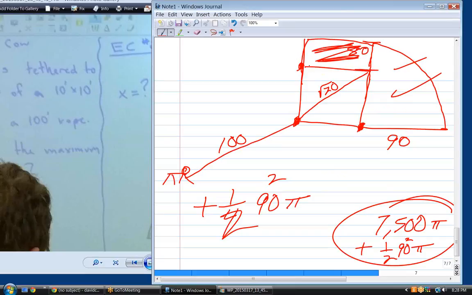When the cow stretches the rope out to right there, it can go another 90, and then it can move in another quarter circle. And this area we've already covered with our 7,500 pi. So I think this is right. Do you have answers on this? No, he didn't give us the answers. I believe that's probably the answer. 7,500 pi plus 1/2 90 squared pi.